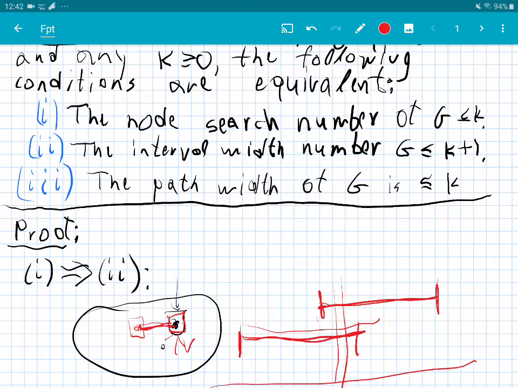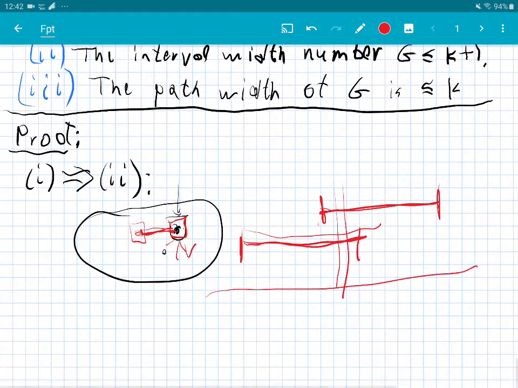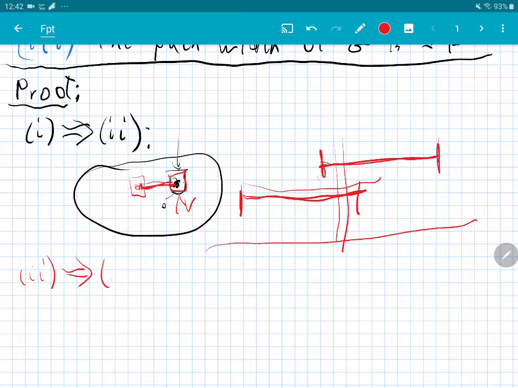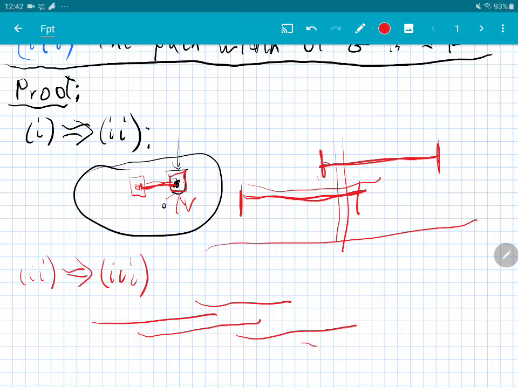Now, the second claim, 2 to 3, is in fact an easy claim. It says that if we have an interval width of G of k plus 1, then the path width of G is at most k. But this is immediate, right? Because if you think about it for a second, take this supergraph of interval width k plus 1, so it's just an interval graph, and sweep it from left to right.